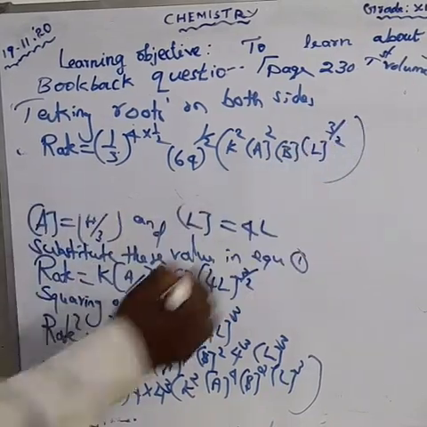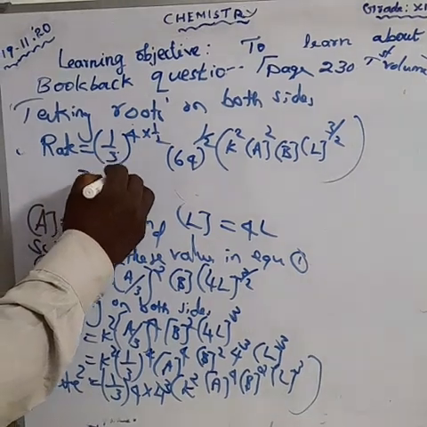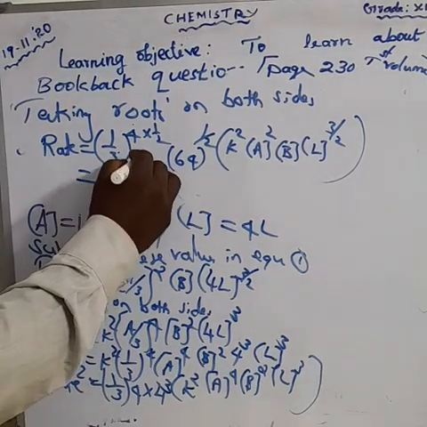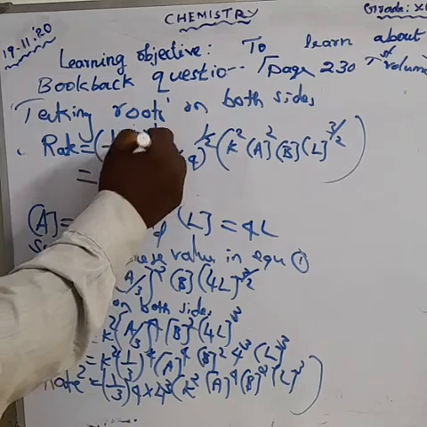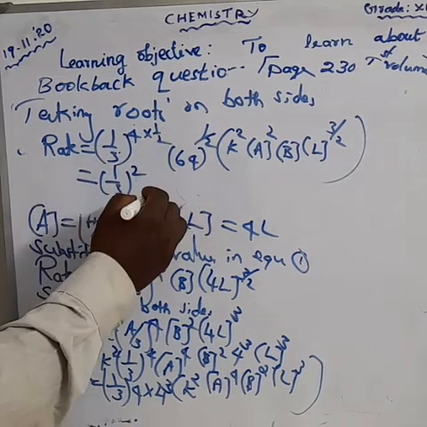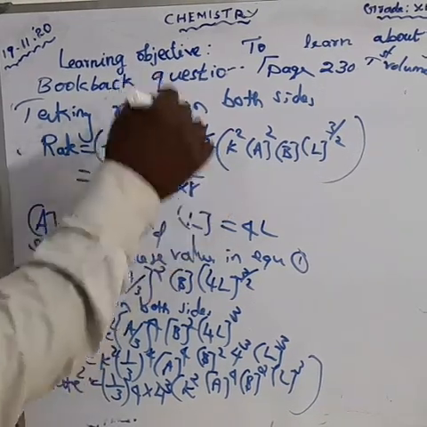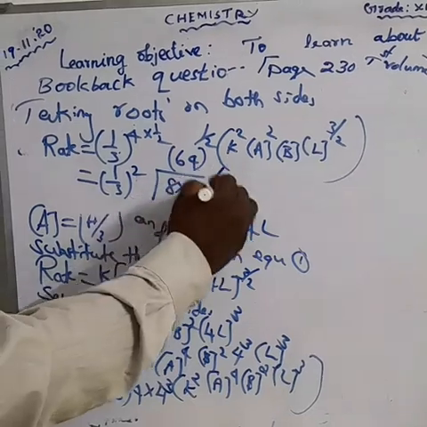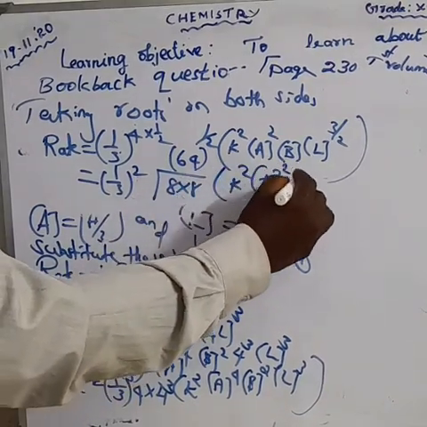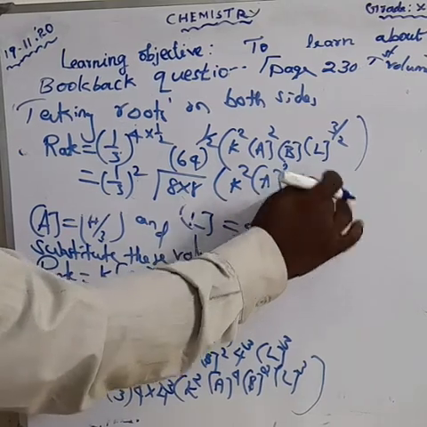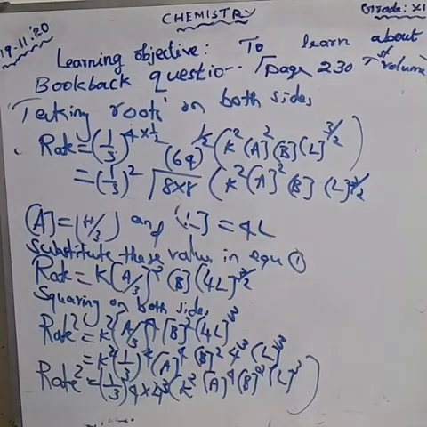Then rate is equal to 1 by 3 square, the 2 can be cancelled, like that. 64 can be written as 8 into 8, root of 8 into 8. Then K square A square B L 3 by 2. Clear?